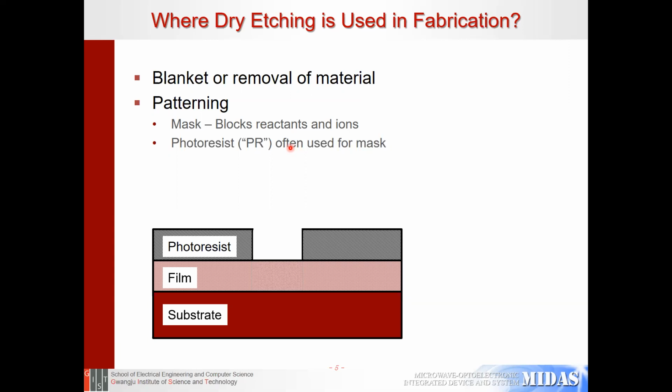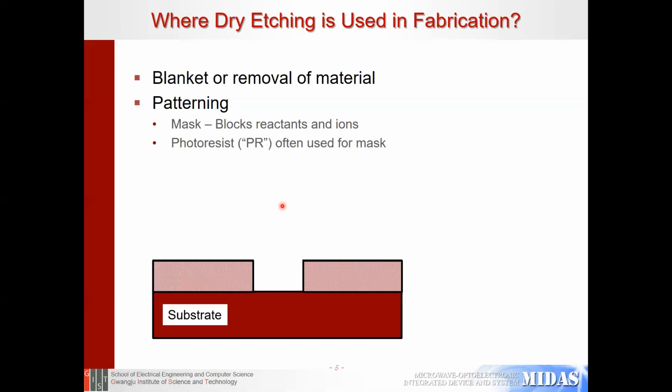Then I expose it to my plasma etching process that selectively removes the film in the exposed region, as shown here. And then I remove the photoresist layer. So now I have a patterned film on my substrate, as you can see here. So these are the steps that I have defined.